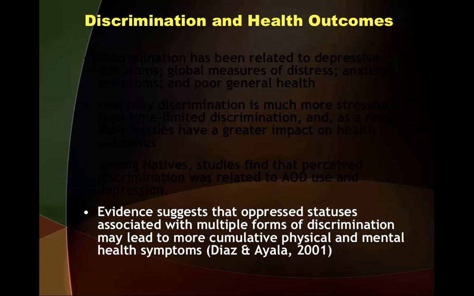And evidence suggests that oppressed statuses associated with multiple forms of discrimination may lead to more cumulative physical and mental health symptoms. So again, it's looking at that whole ecosystems perspective that we talk about in social work, and the way that human beings are part of this interacting whole, and so the way that discrimination can impact not only physical but mental health.